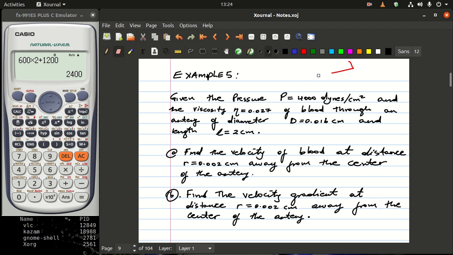But in simple terms, viscosity, think of it as how thick the fluid is. If the fluid is too thick, it cannot move easily. But if it is less thick, you will find out that water can just flow very easily. So the viscosity of water is so small.